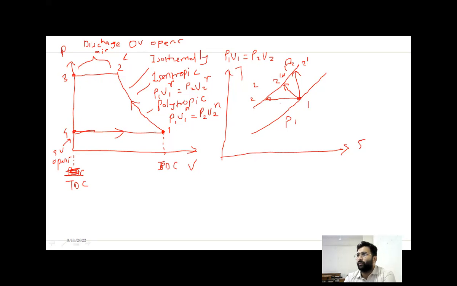So 1 to 2, 2 to 3, 3 to 4, and 4 to 1. This is how the PV diagram looks for the reciprocating air compressor. So you can draw this diagram.